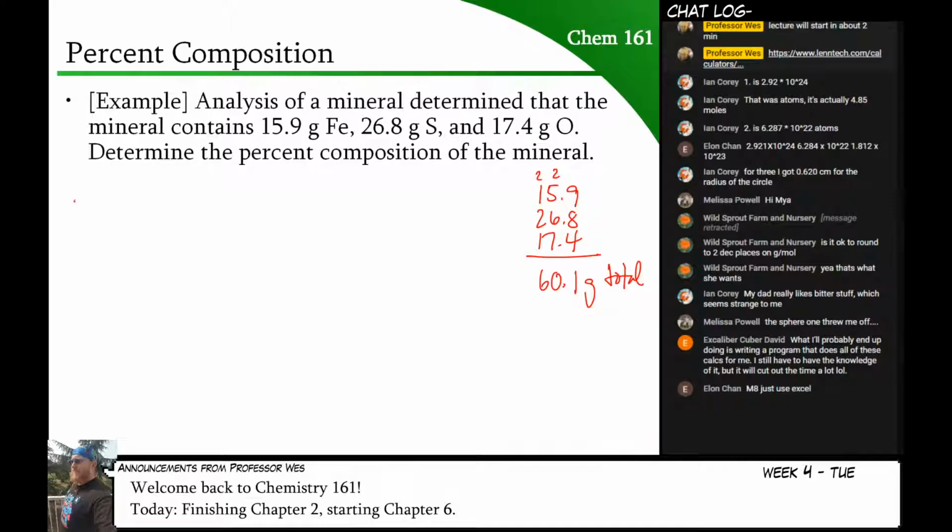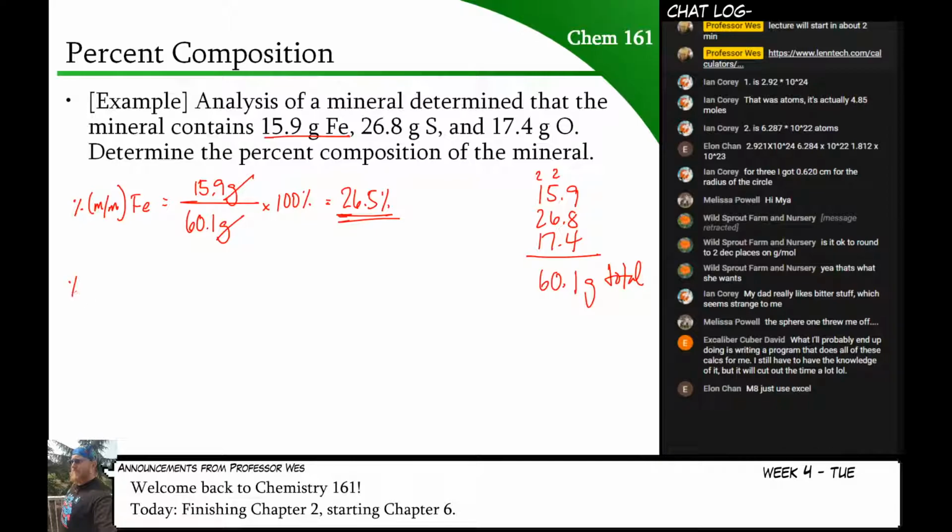Now, the percent mass of, we'll start with iron, would then be the mass of iron divided by the total mass, those go away, times 100%. And I got 26.5%.